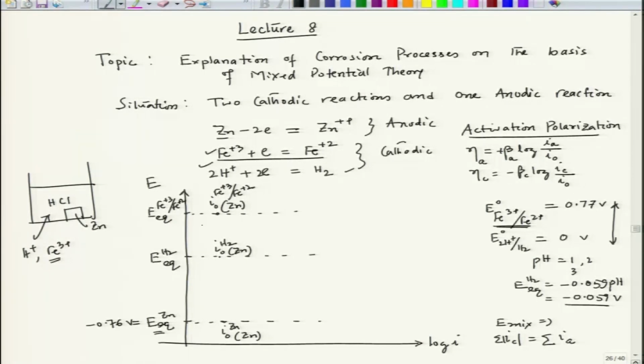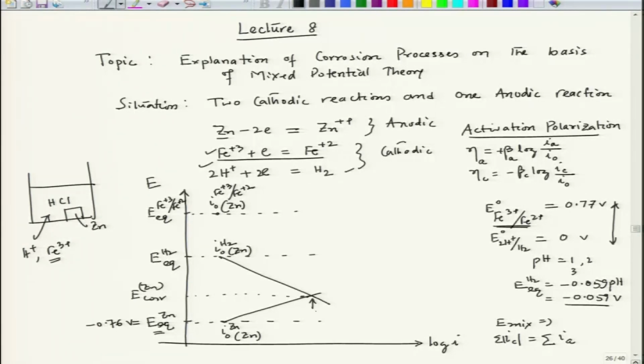Now, if there is no Fe plus 3, then it would have its own corrosion potential. As per the single cathodic and anodic reactions, this is E cor, and I put zinc here because zinc is dissolved, and this is I cor.